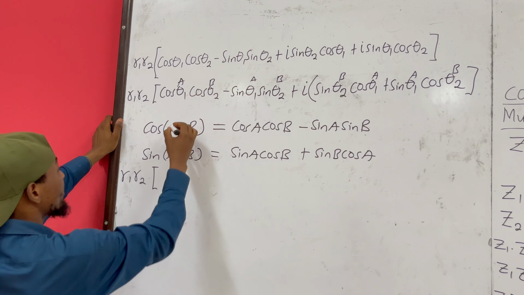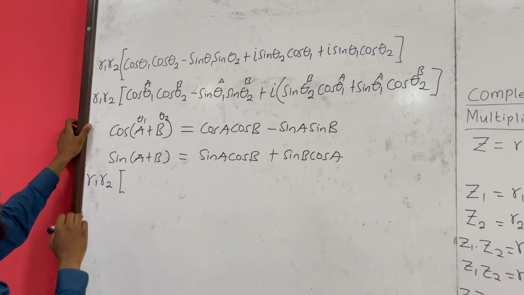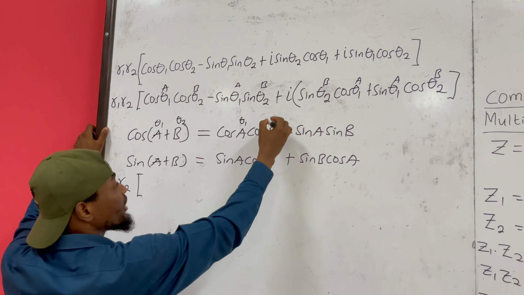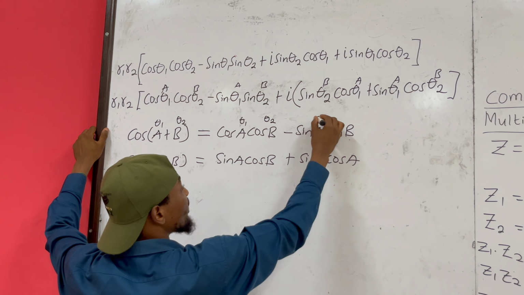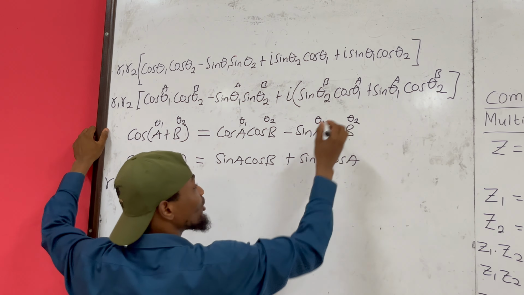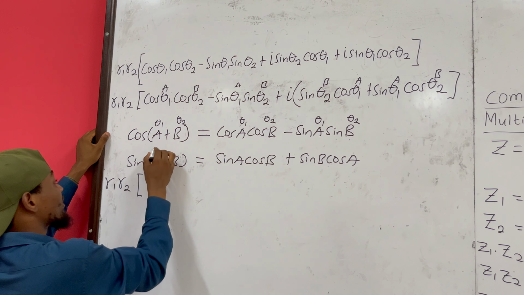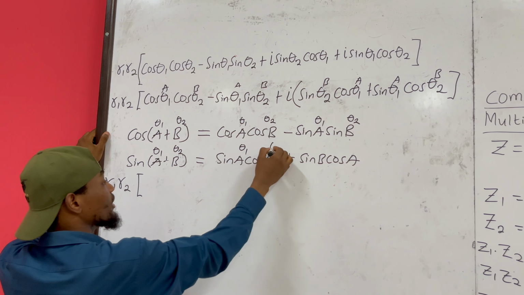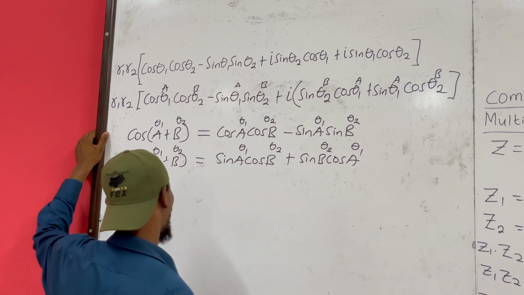Okay, so let's do this way. Let's say this is theta 1, theta 2. Here my A represents my theta 1, my B here represents, let's say, the theta 2. So here will be theta 1, this is theta 2, to avoid confusion, okay? This is theta 1, theta 2, theta 1, theta 2, theta 2, then theta 1.